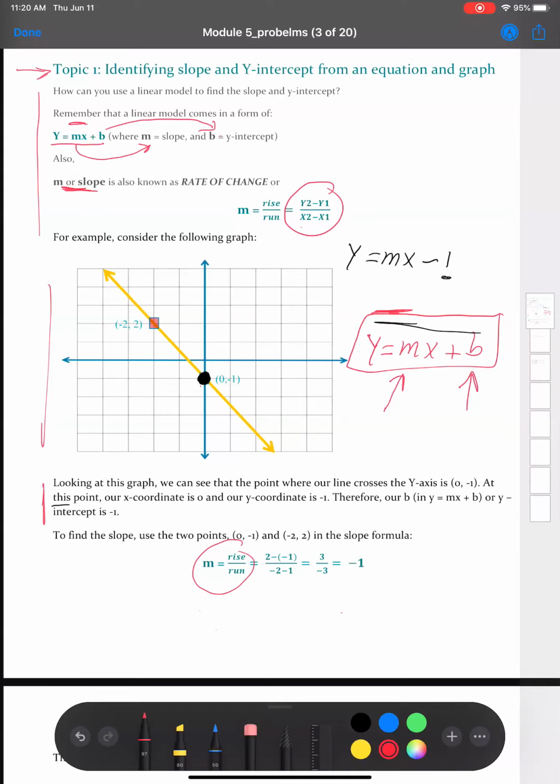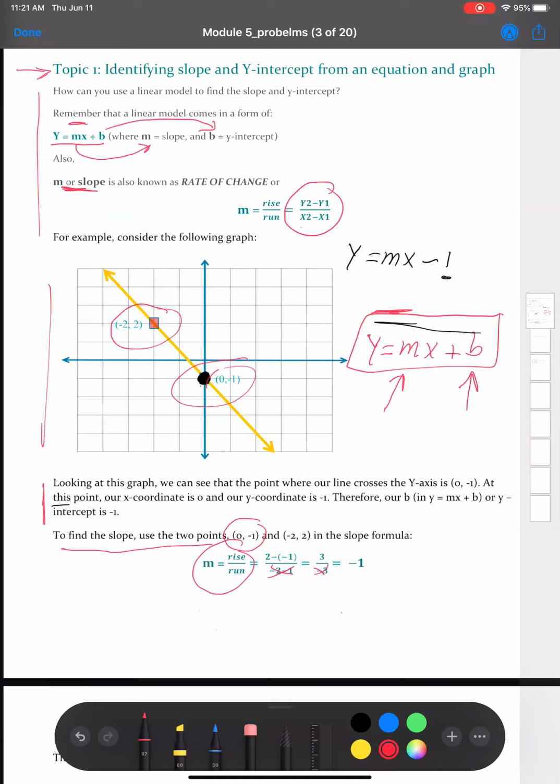It's actually incorrect because I used the wrong point for the x coordinates. So disregard this. It's going to be a little bit different, because to find the slope we're going to use the 2 points, (0, -1), which is this guy right here, and then (-2, 2), which is this guy right here.